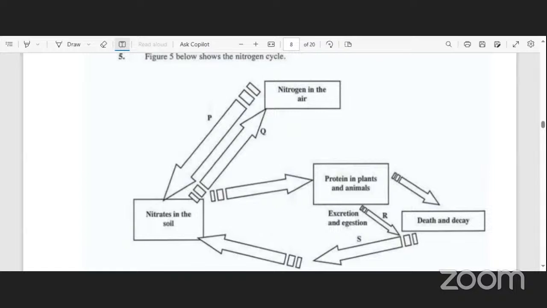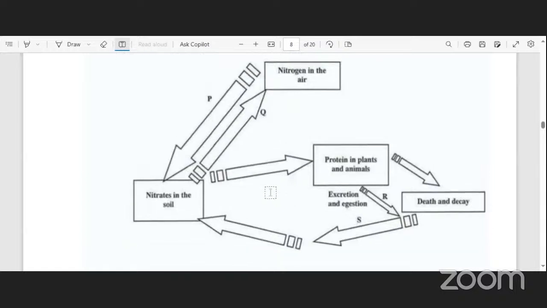So we're finished with P. P is definitely nitrogen fixation. What would Q be? Remember, nitrate is returning to the atmosphere in the form of nitrogen gas. Denitrification. So Q would be denitrification.